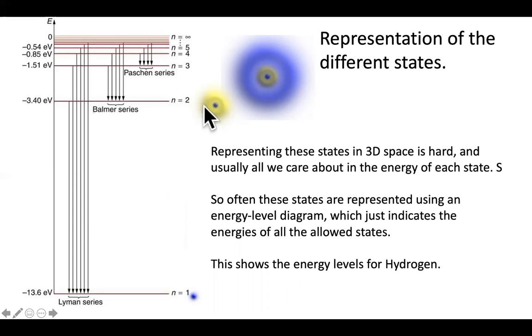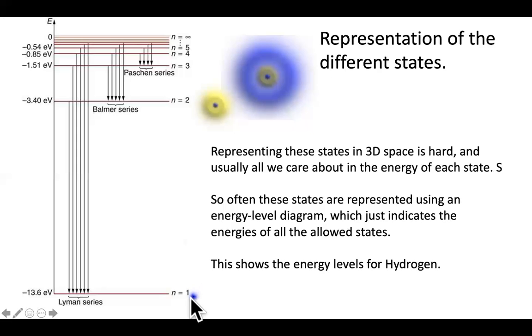And so some states have lower energy, some states have higher energy. The way people often represent these systems is with what's called an energy level diagram. This is just a plot of energy on the vertical axis, and you mark on that vertical axis the locations corresponding to the energy of every one of the states.